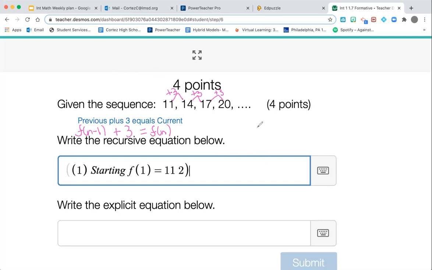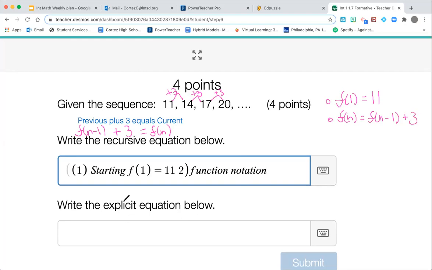So the 2 things that you would want to state as your final answer are that f of 1 was 11, and that f of n was equal to f of n minus 1 plus 3.